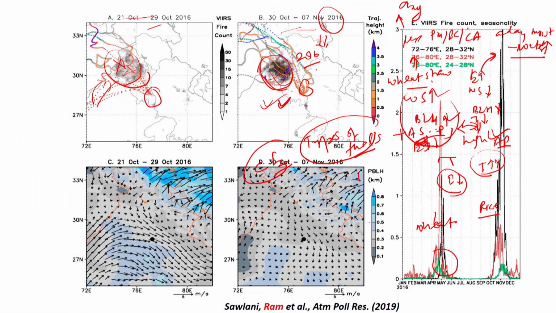So not only the emission sources or the type of fuel that you are using, but a change in the wind pattern itself can affect air pollution at a given area.